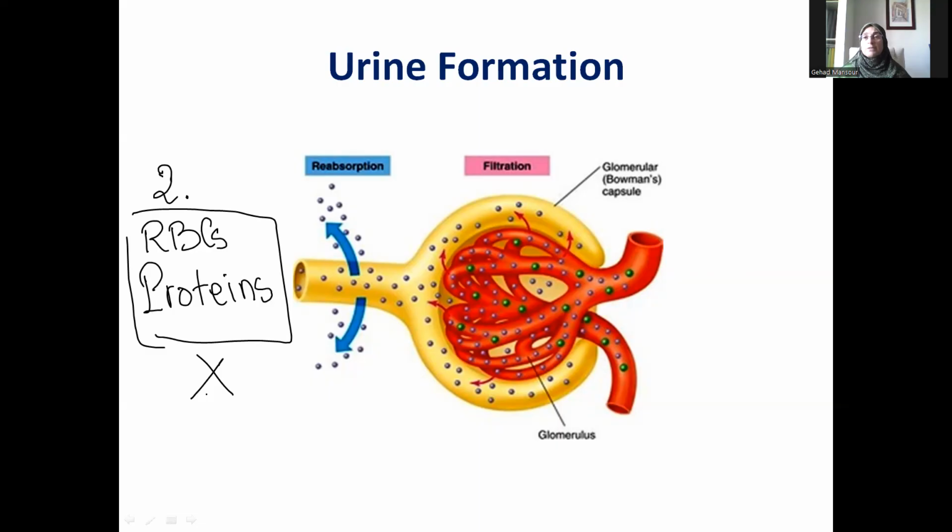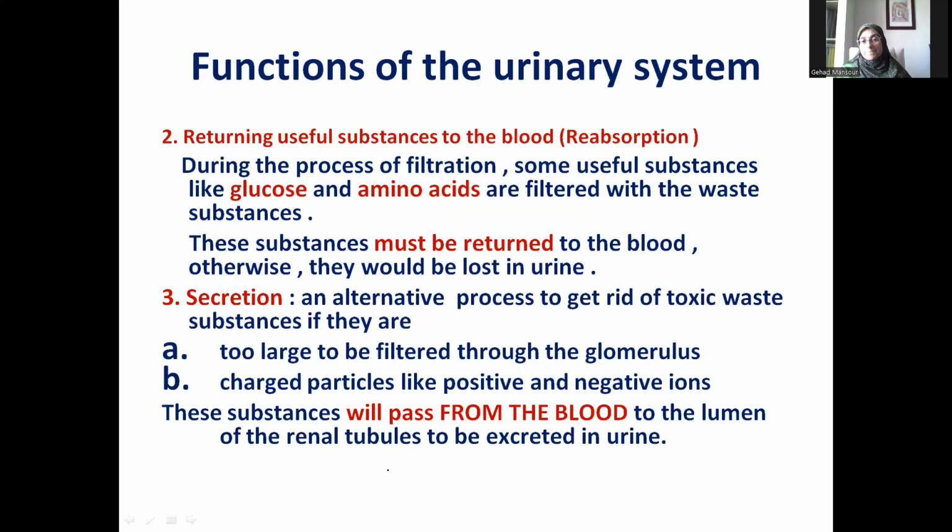RBCs and proteins do not show in urine because they are too big to be filtered. Not only are they too big to be filtered, but they're also partly charged, and therefore they find difficulty passing. And that's a good thing, because we do not want to lose our RBCs in urine, neither do we want to lose our proteins in urine.